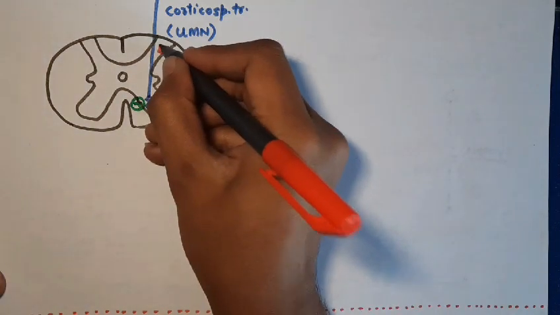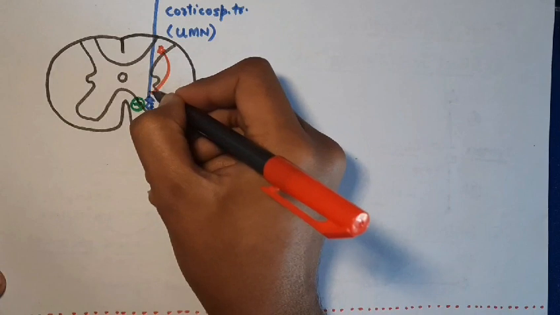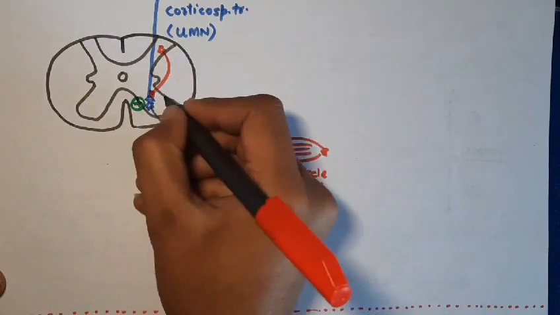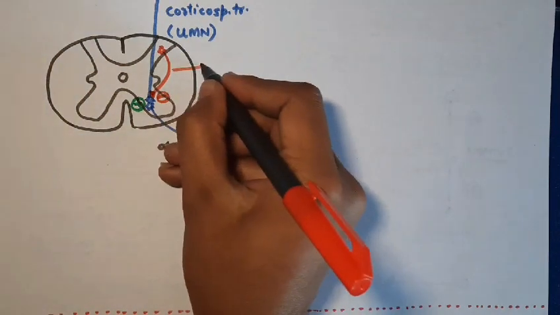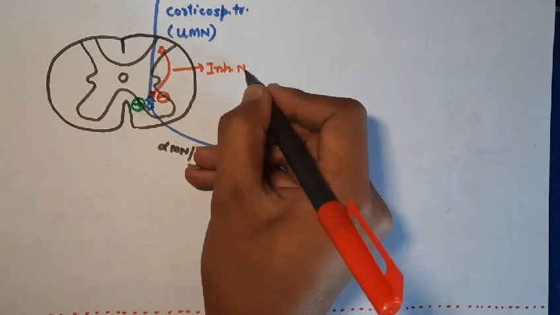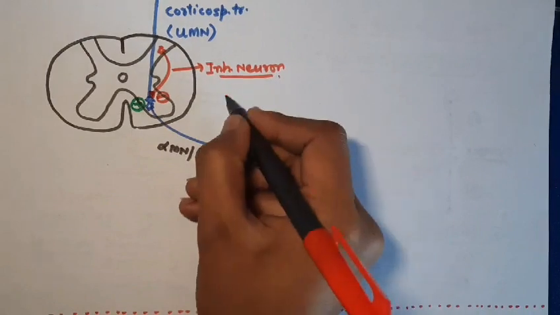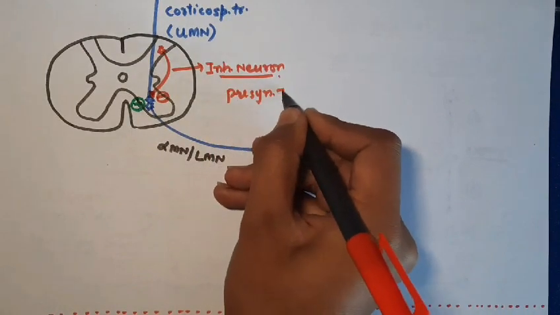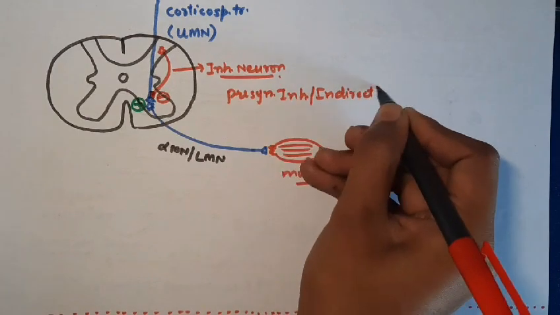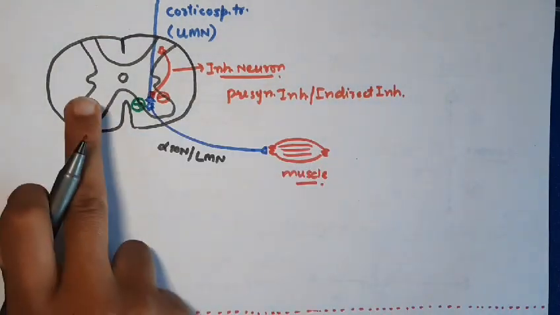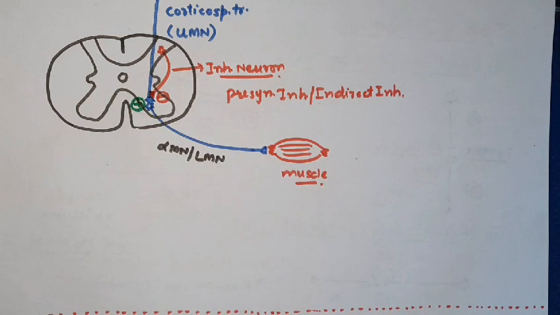Now there is another neuron present in the spinal cord which forms exoaxonal synapse with the upper motor neuron, and this being an inhibitory neuron, a GABA releasing inhibitory neuron, causes inhibition of this neuron. So this type of inhibition is what we studied just a while ago, that is indirect inhibition or presynaptic inhibition.